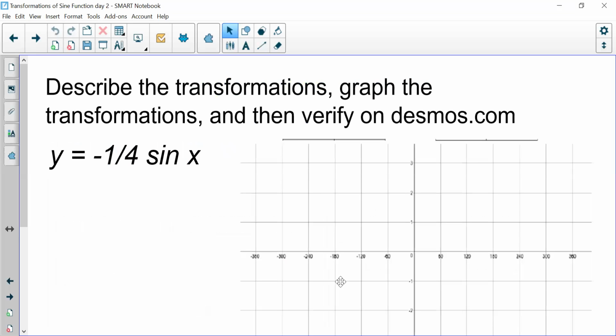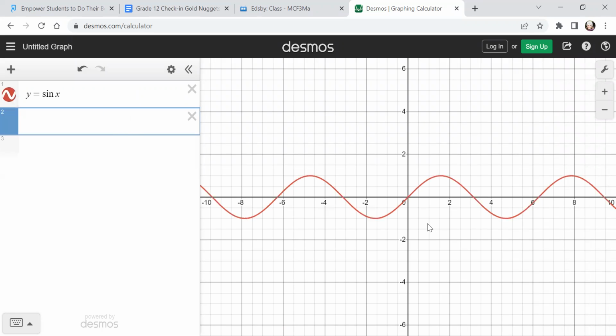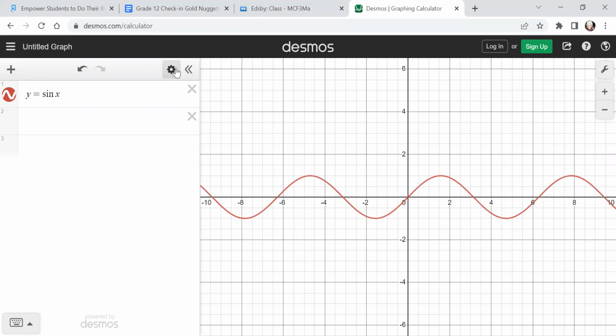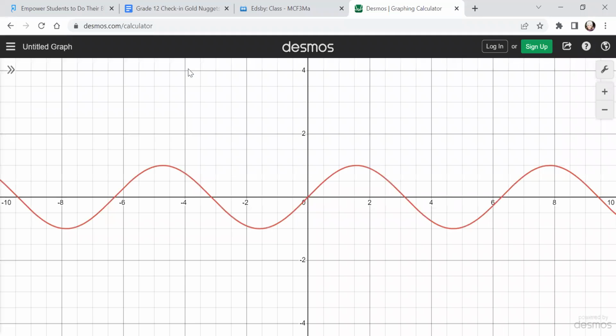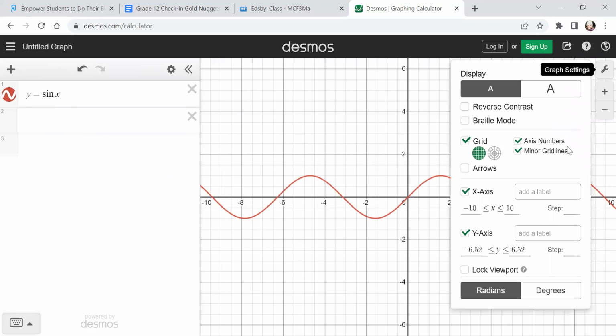So let me actually plug this into Desmos, and let me just do the normal graph first. That's just your normal graph. I do want to switch this to radians; I'll see if I can switch it later on.